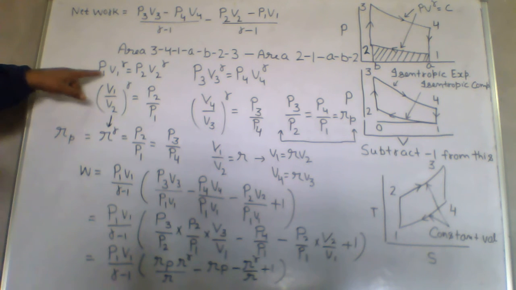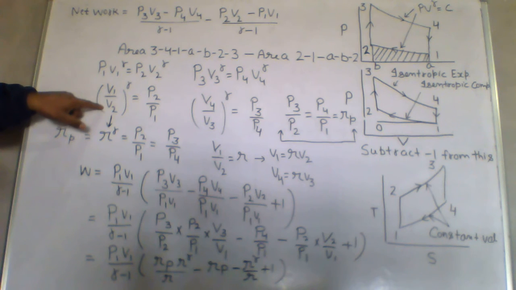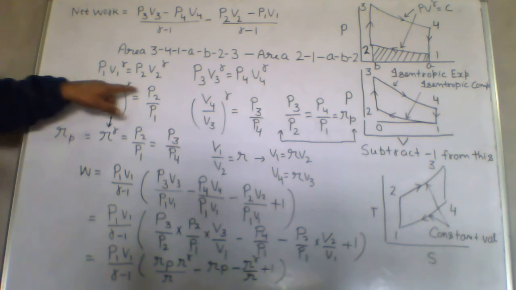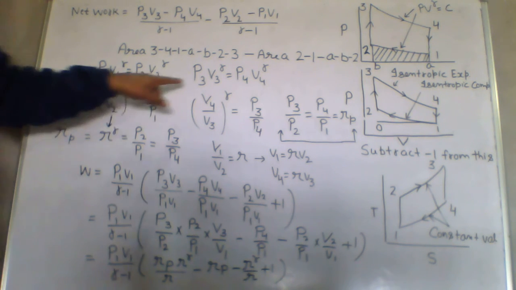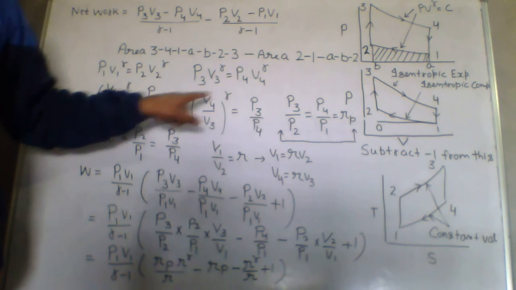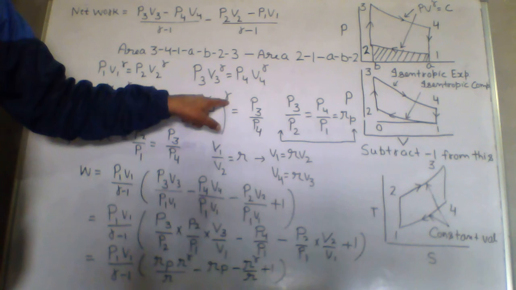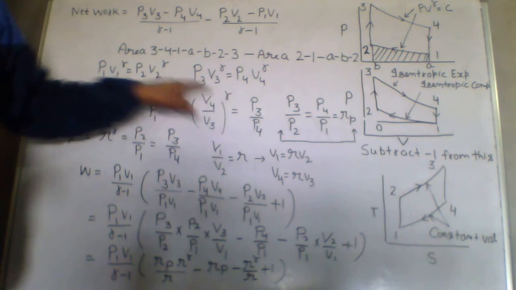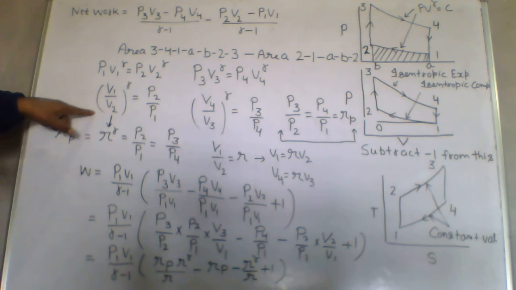Now take this here: V1 by V2 raised to power gamma is equal to P2 by P1. Here you can take this V3 here, so V4 by V3 raised to power gamma is equal to P3 by P4. These two equations we have.